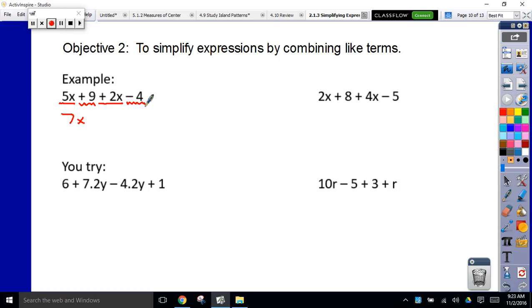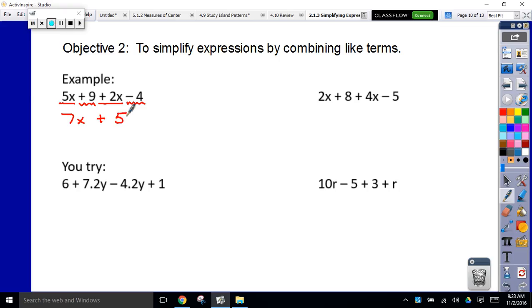And I'm going to use a different kind of underlining to show that those are like terms with each other, but not with the x and y. So I have plus 9 minus 4. Mackenzie, what is 9 minus 4? 5. So this expression can be simplified to 7x plus 5.